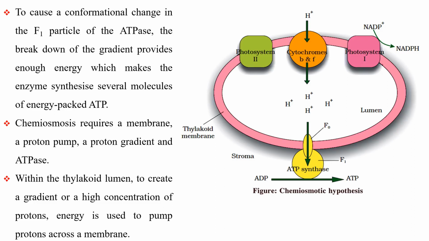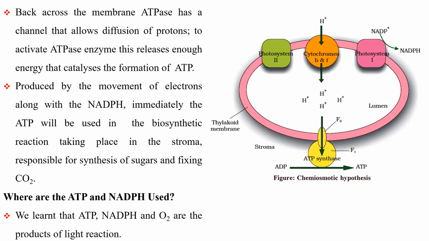Within the thylakoid lumen, to create a gradient or a high concentration of protons, energy is used to pump protons across the membrane. Back across the membrane, ATPase has a channel that allows diffusion of protons. This releases enough energy to activate the ATPase enzyme, which catalyzes the formation of ATP.